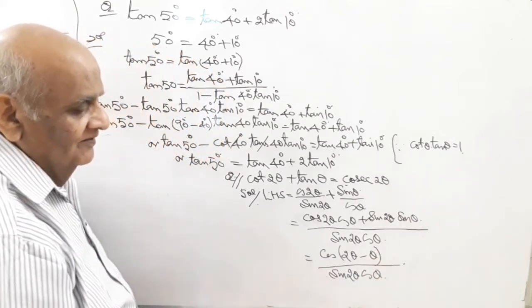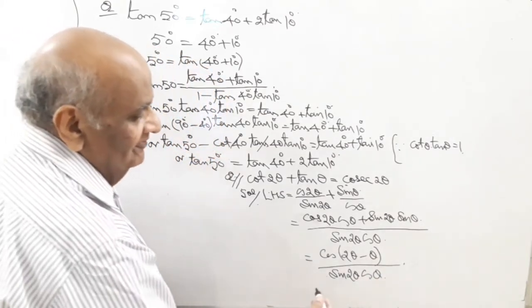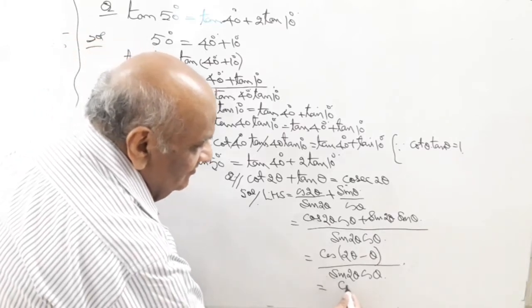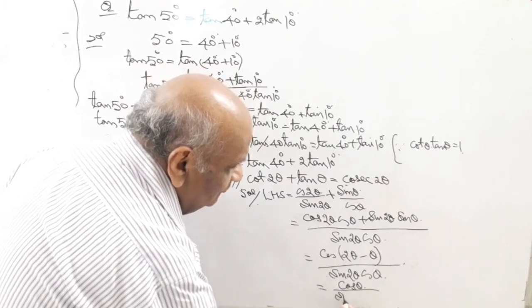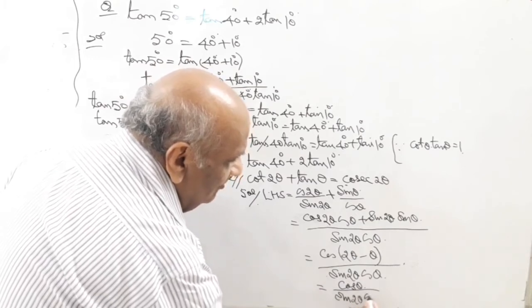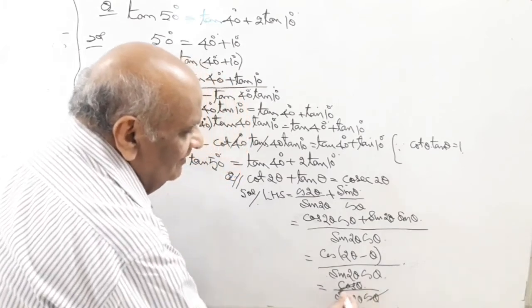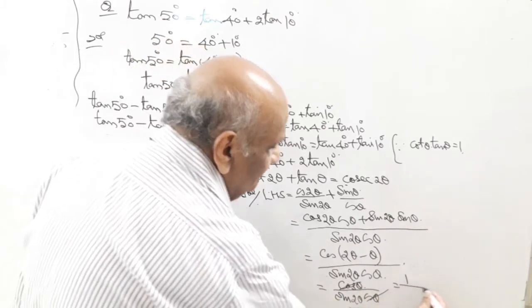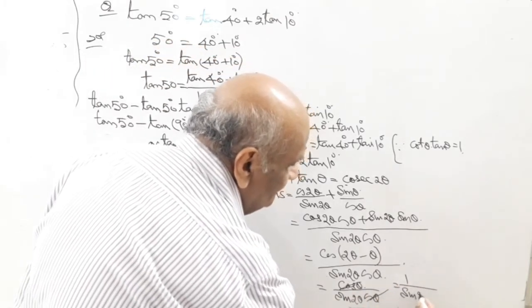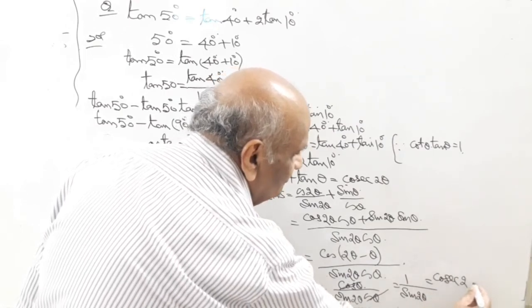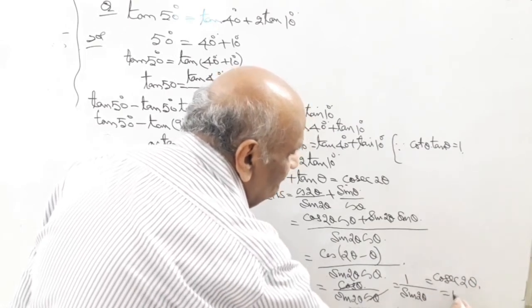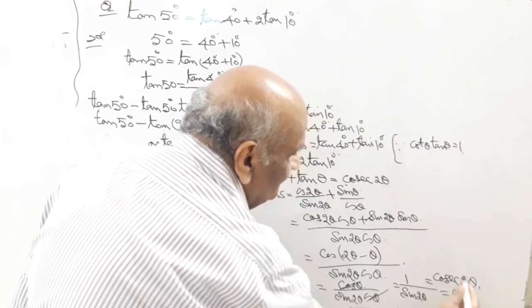Simplifying, it becomes just cos theta upon sin 2 theta cos theta. This cos theta will cancel, and you have just 1 upon sin 2 theta, that is cosecant of 2 theta. This is the right-hand side. Check it out.